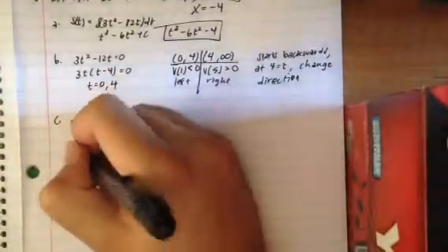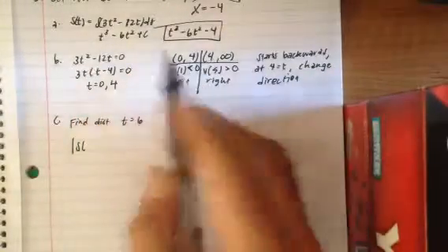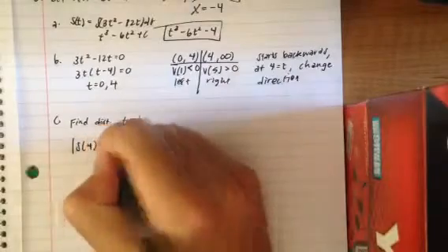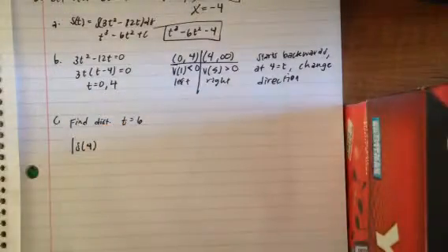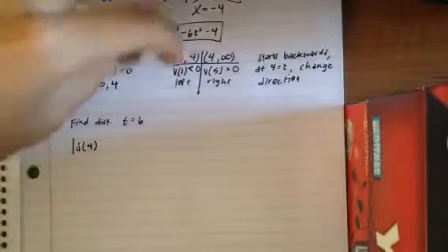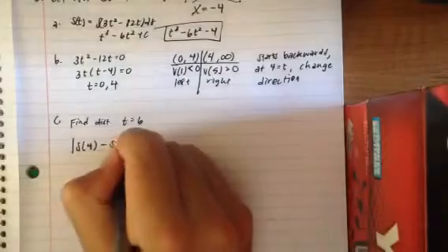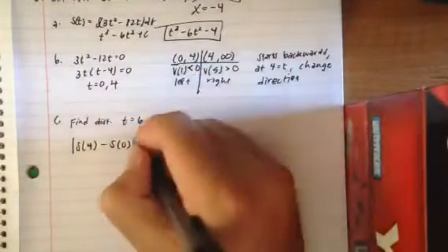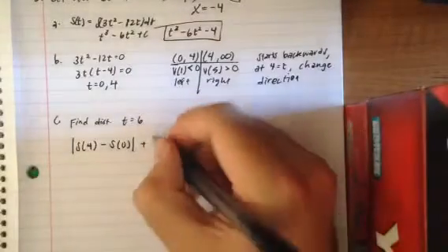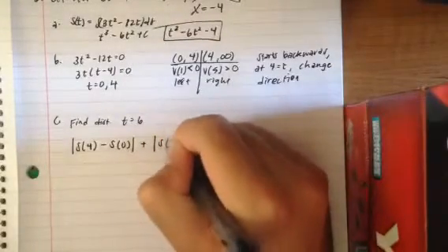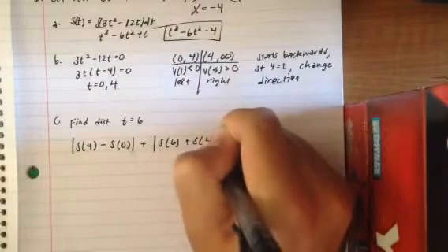So with that I need s of 4, because it's going to change. I need to find distance, but the thing is, some of it is negative. All this is negative, so I need to absolute value it. And then minus s of 0 plus s of 6 plus s of 4.